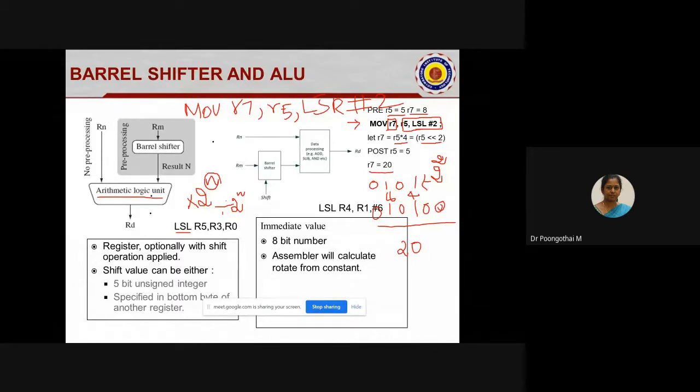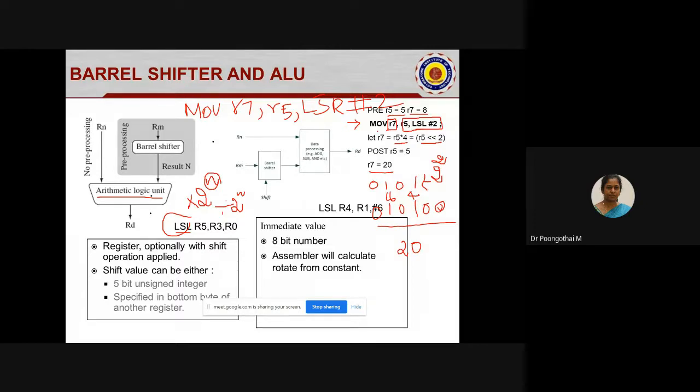Also, we have separate LSL and LSR instructions available in ARM Cortex. So we have two different syntaxes for shift operations. Either you can use them separately or integrate them with any of the data processing or arithmetic instructions.